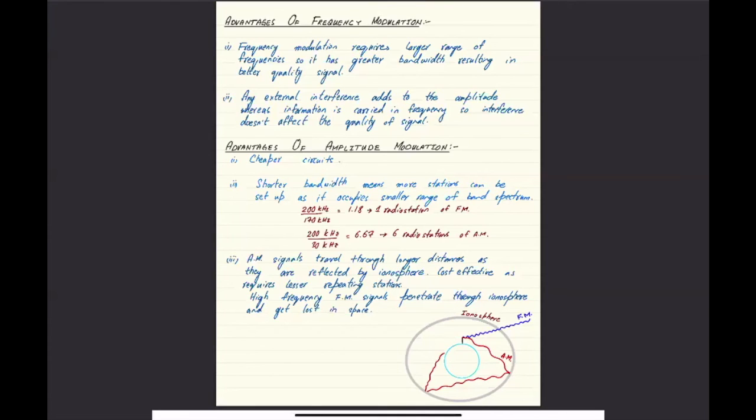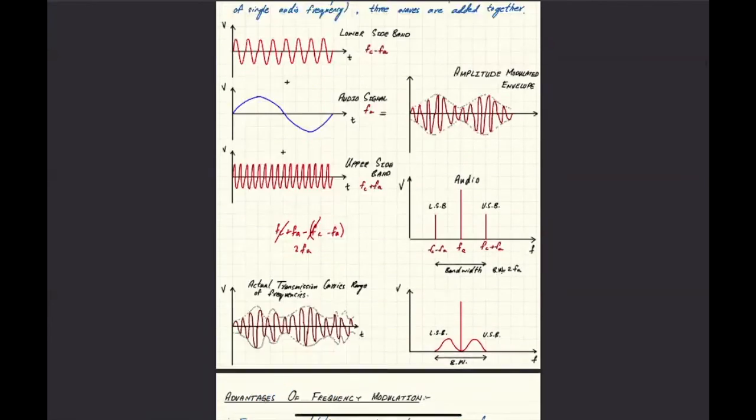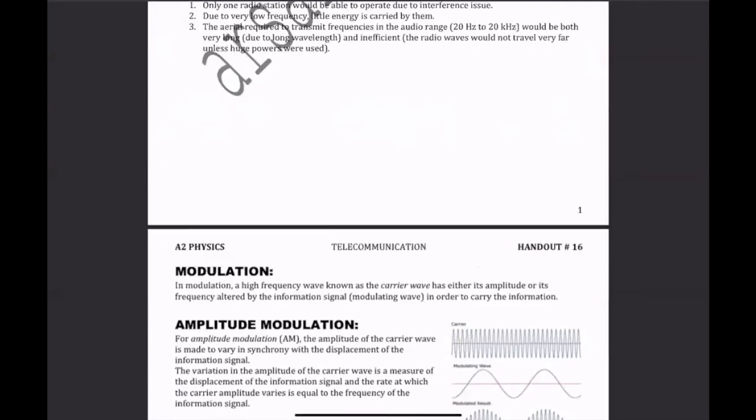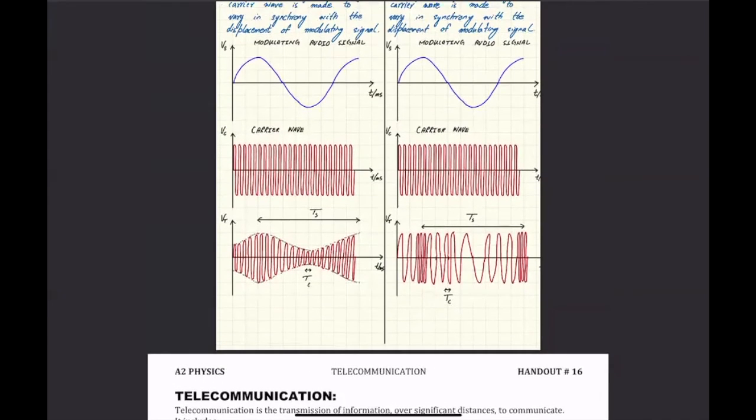The other reason frequency modulation has better quality is because whenever unwanted interference is added, it adds to the amplitude or displacement. So if this signal is transmitted and some random power gets added, that would get added to the amplitude and distort the information, because information lies in the amplitude.